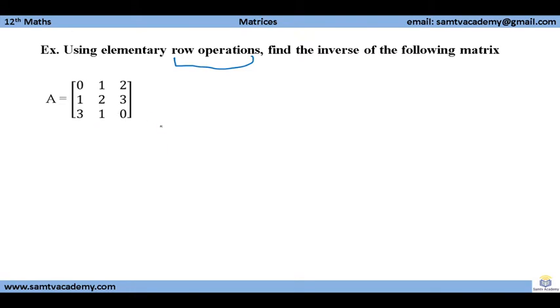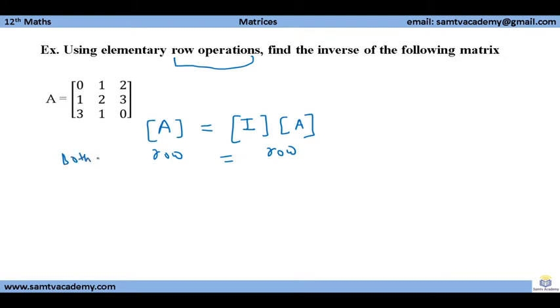What we have seen in row operation is that we have to write like this: A matrix is equal to the identity matrix multiplied with A. Now we have to perform row operation on both sides. Whatever we are doing, we will do that operation on both sides.